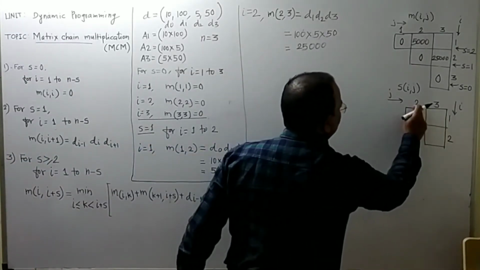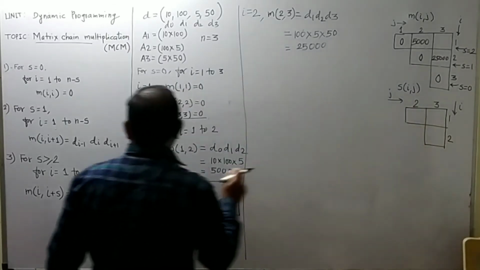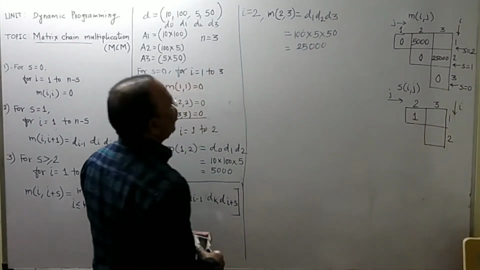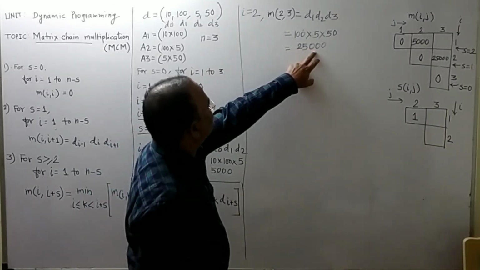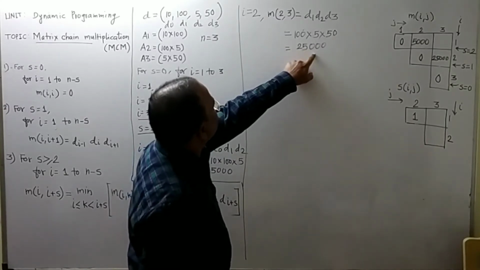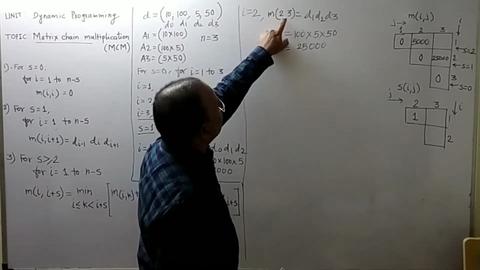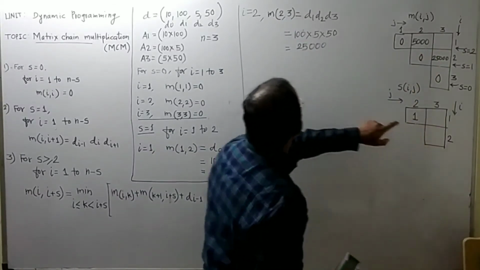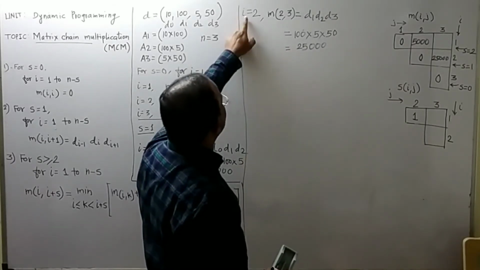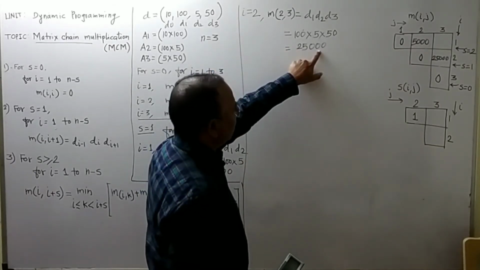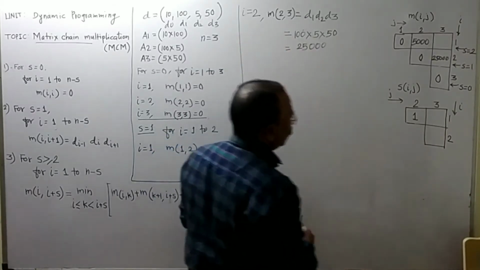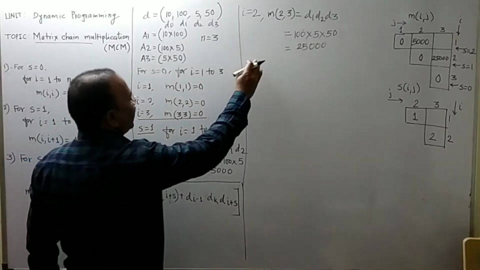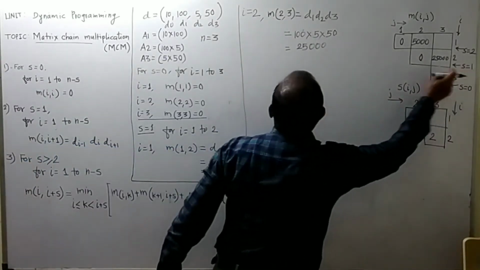We have the 1 2 place, this one, and the value of I is 1, put 1 here. Similarly, we have got 25,000 at m of 2 3 here. Now at the same place in the S table we have to put the value of I for which we got 25,000, and that value is I is equal to 2. In this way we have completed s is equal to 1.